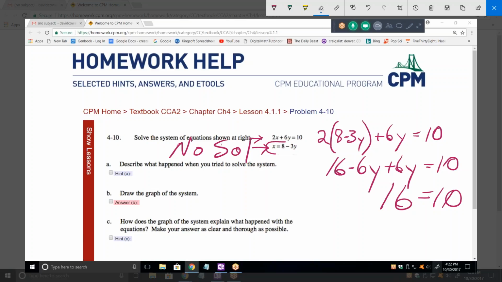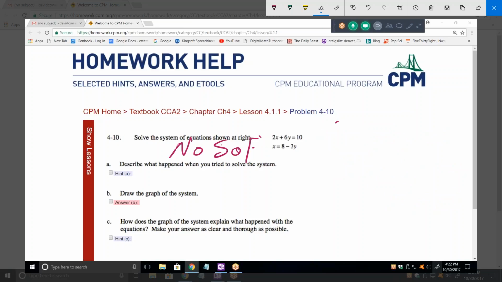In the same way that, what if I told you the following? x plus y equals 10, and x plus y also equals 9. Is that possible? No, you're right.